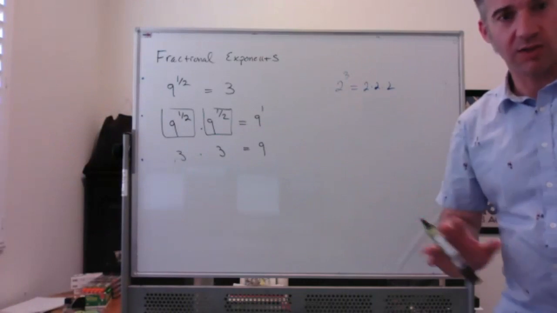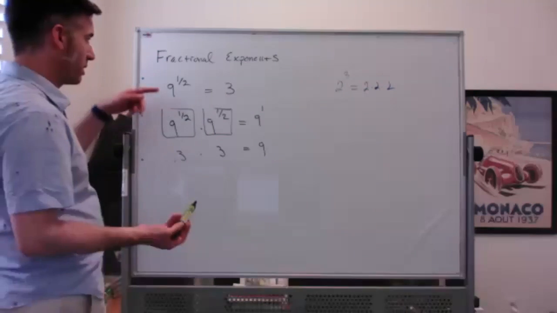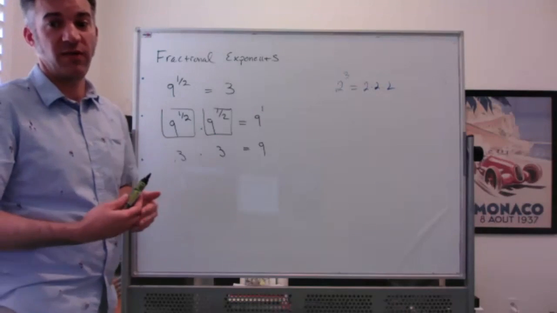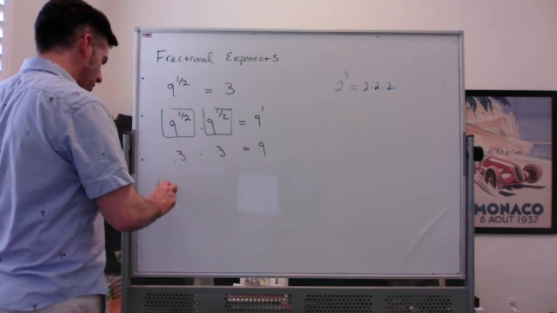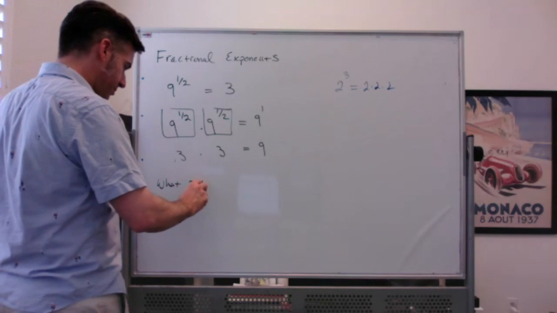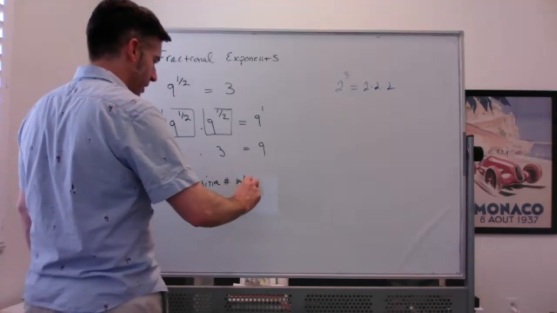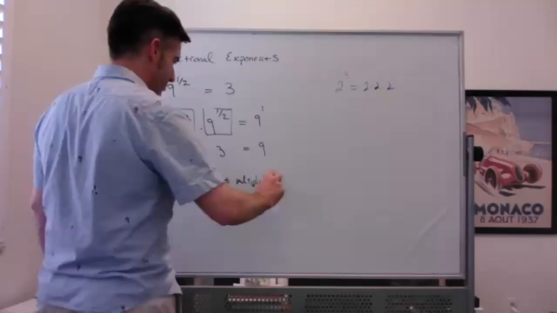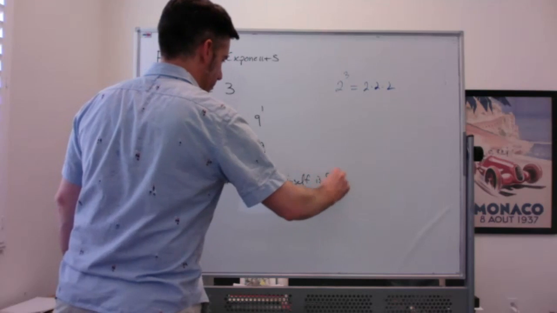And I should also address, whenever you're taking even roots or even fractional powers, we always define it to be the positive root. So if you were asking me what number, really we're asking what positive number multiplied by itself is that?